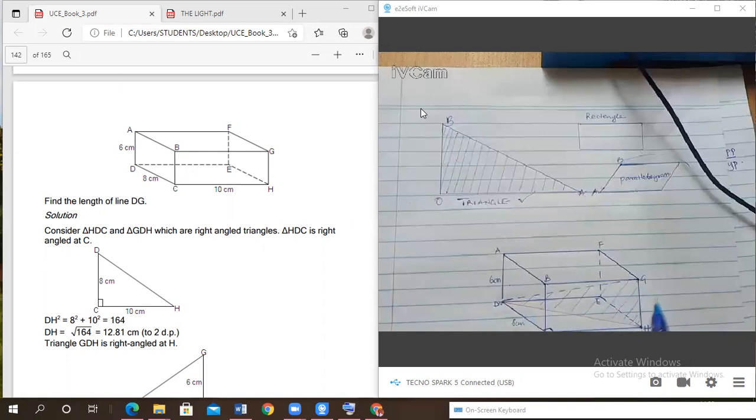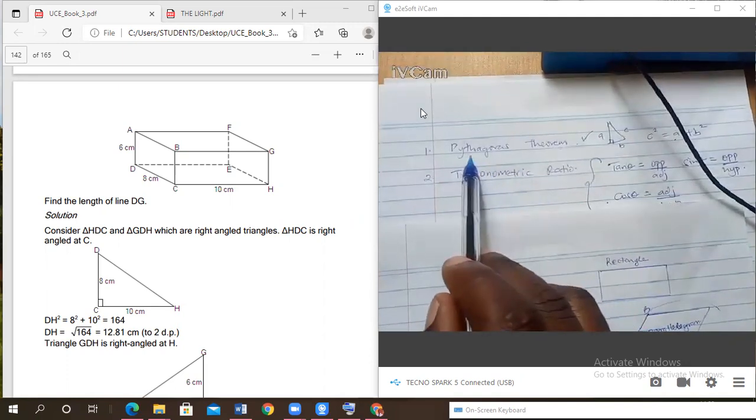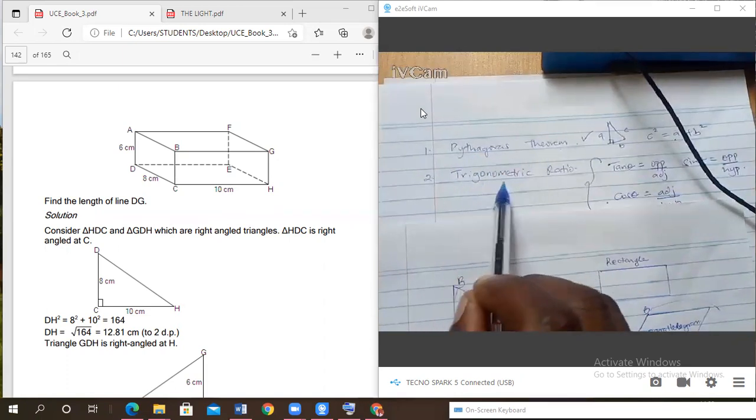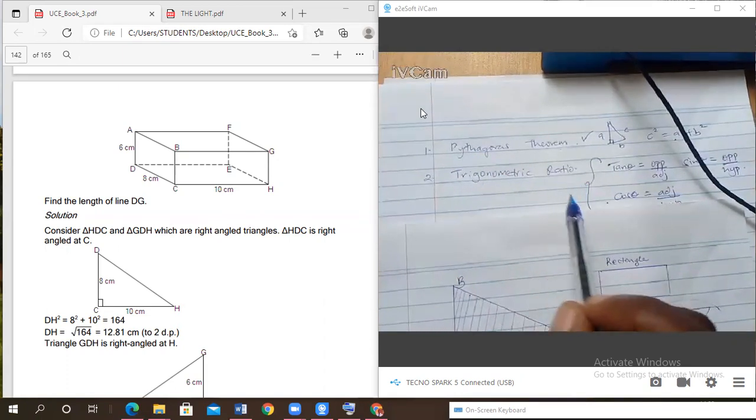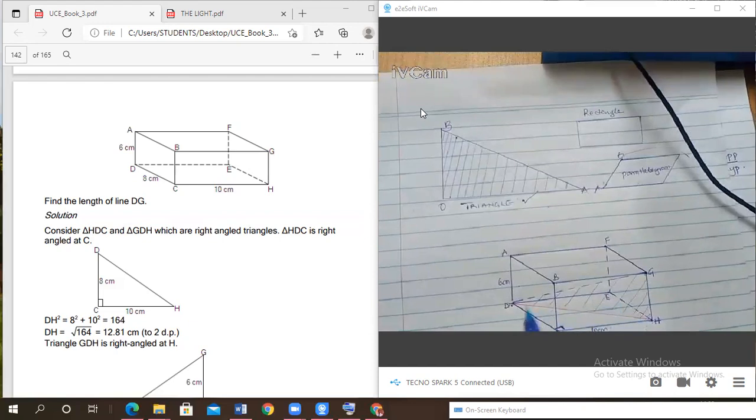So I must connect H also to D to create a triangle, because we have to use mathematical tools like Pythagoras theorem and trigonometric ratios. These are the ones that we are going to use. So I must first get a triangle inside, and on that triangle there must be that line.